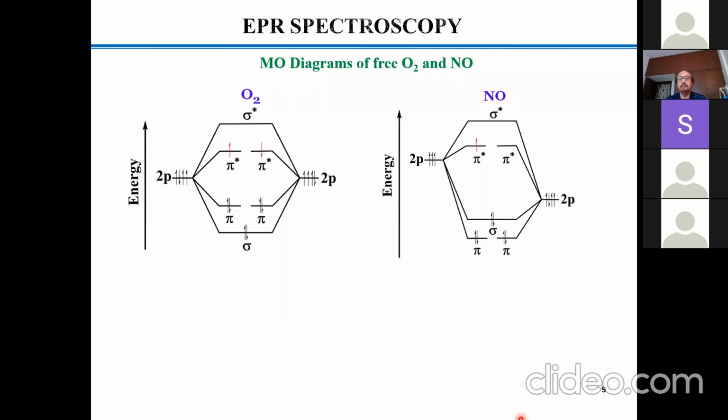Say molecular oxygen: if you put the total electrons, 8, in the simple MO diagram, there are two possibilities: these two electrons could be paired up in the antibonding orbitals, and then you will get singlet oxygen. But under normal circumstances we don't get singlet oxygen, we get triplet oxygen, because singlet pairing of these two unpaired electrons in the antibonding orbital is an energetically uphill process. So that's not the normal circumstance.